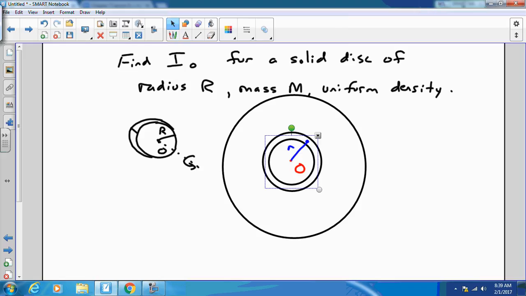Now I made my strip too thick. So the idea is that we're going to take our disk, we're going to use a mathematical knife to cut it into thin cylindrical shells.